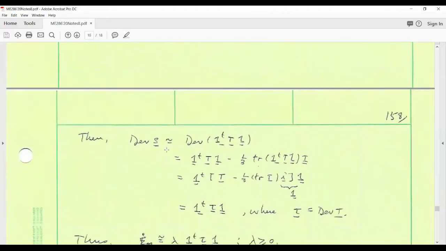So then we need the deviatoric part of S. Insert our approximation here, that's this. Write out the deviatoric part longhand, that's that. We have here the referential identity because this is a referential tensor altogether.